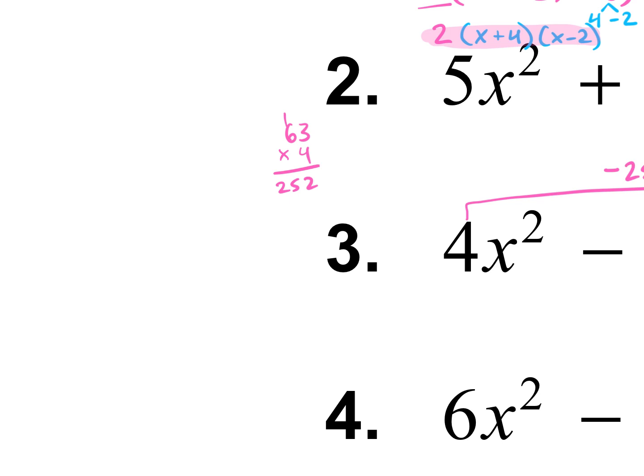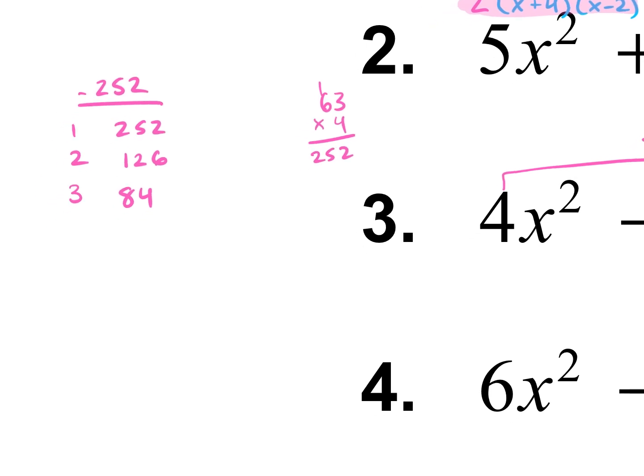Let's think. 252. We have 1 and 252. That doesn't work. 2 and 126 doesn't work. 3 goes into 25 8 times, so 84.